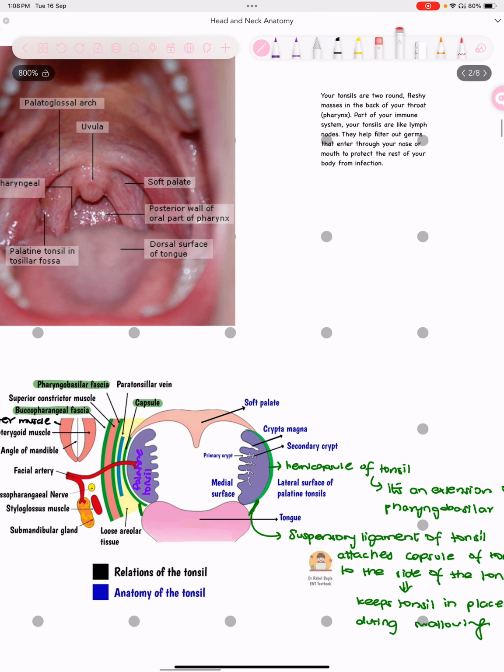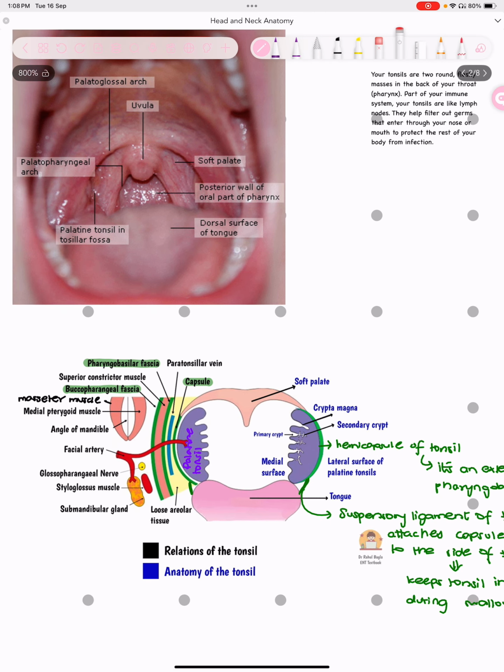Now, what's the arterial supply of the tonsil? First thing is the tonsillar branch of the facial artery, right? That's the main source. What are the additional sources? I told you the facial artery also has ascending palatine branches, right? So those ascending palatine branches are an additional source of blood supply to your tonsil. Other than that, you have dorsal lingual branches of the lingual artery.